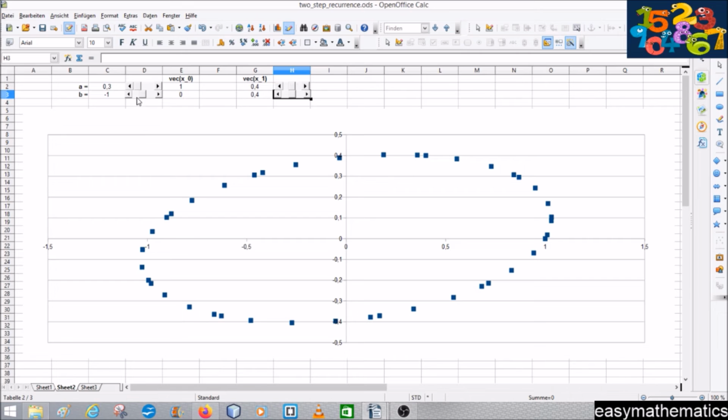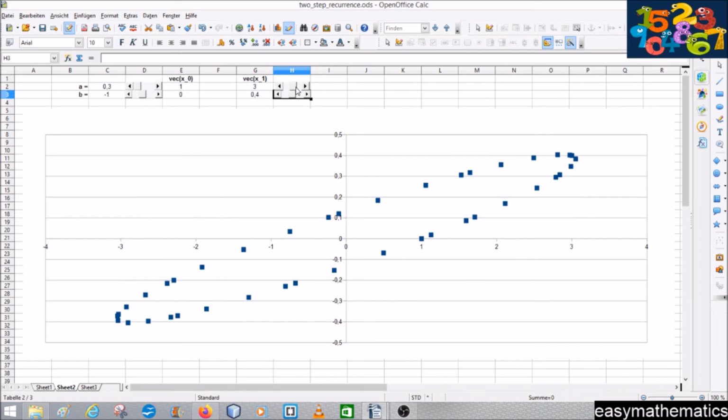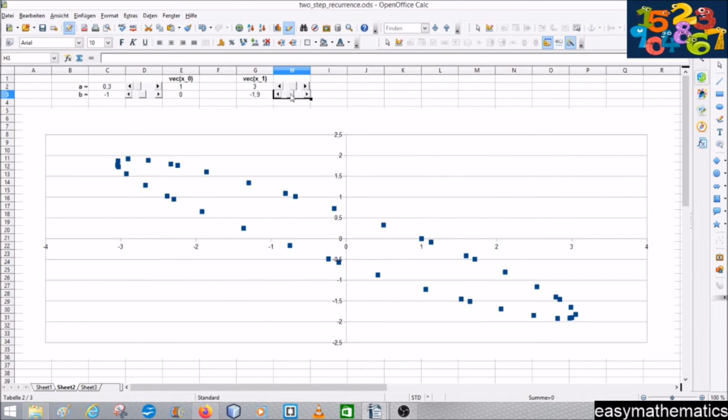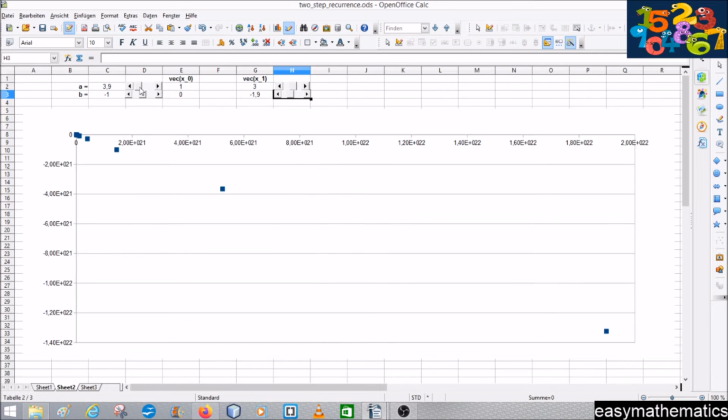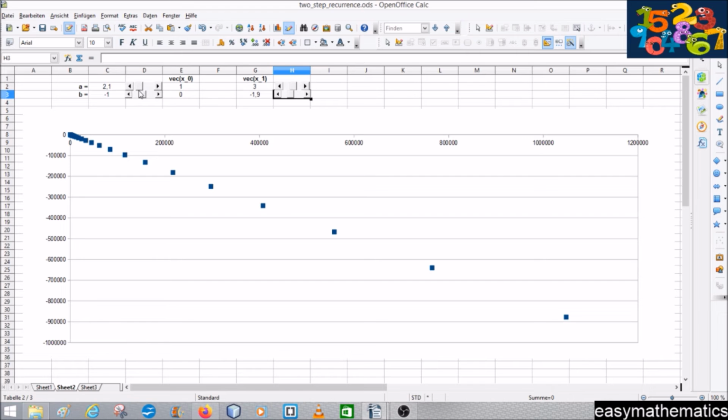And as before, if you play around with some initial values, you get ellipses in different shapes. Let's play around with the weights.